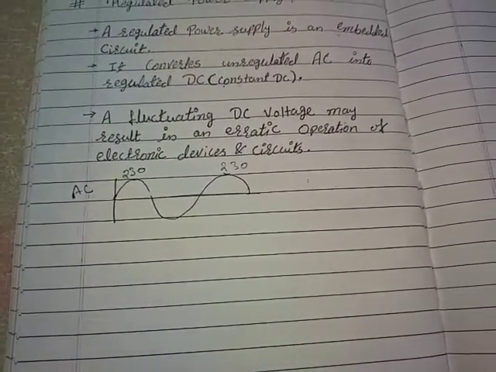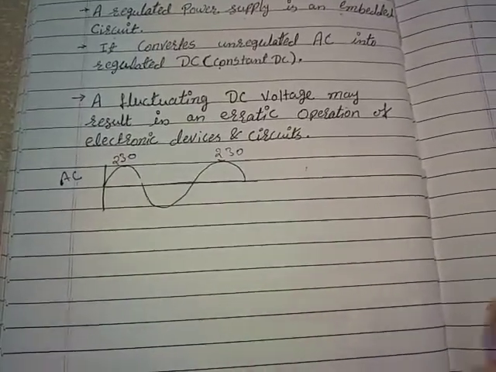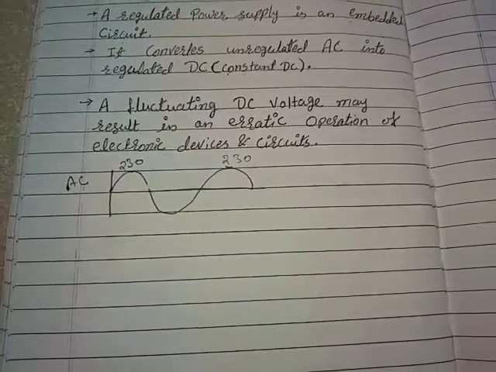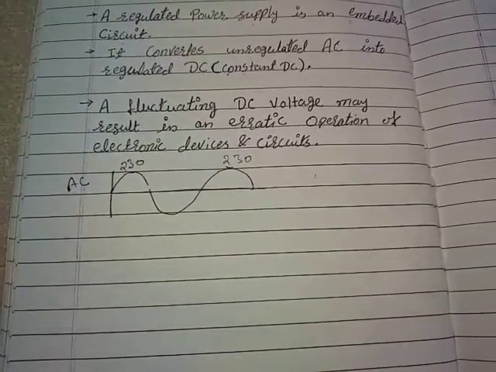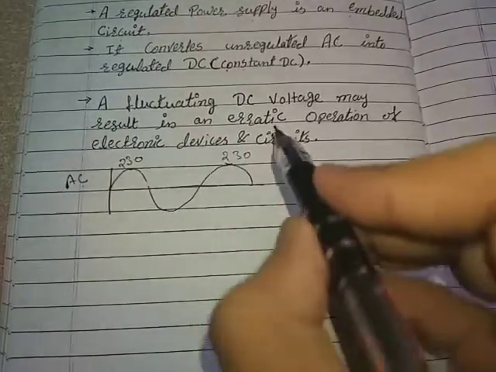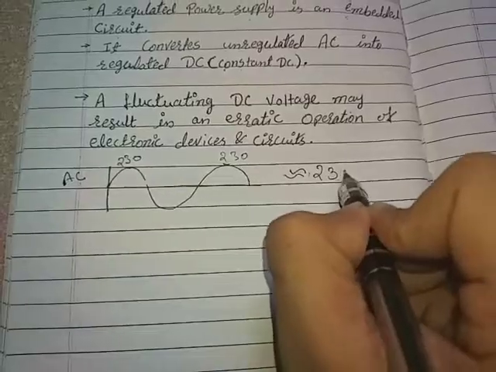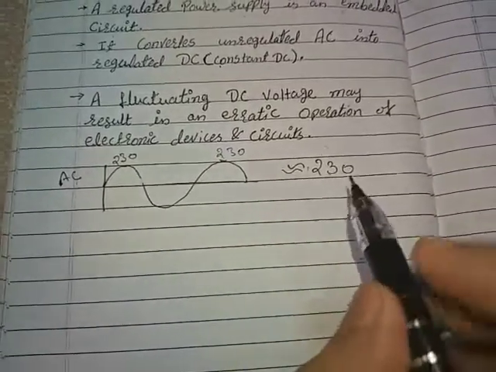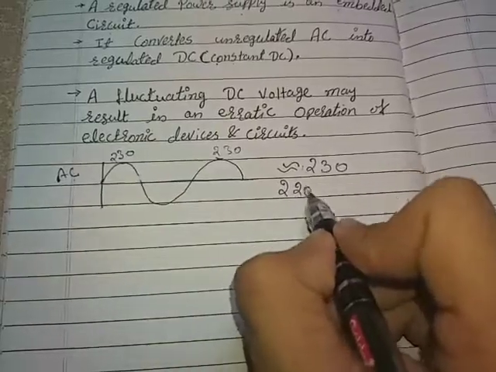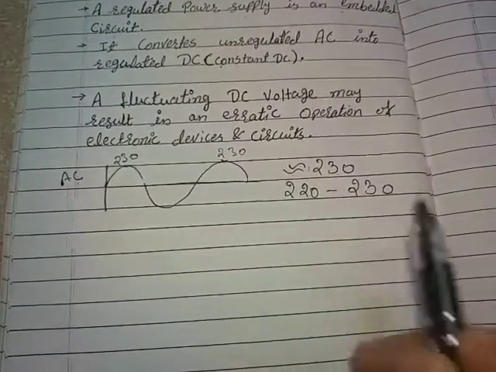But as we know, in our house it is 240 volt or 230 volt approximately, but in actual, when we put a multimeter in the switch, we get approximately 230, or we can say it is fluctuating between 220 to 230.